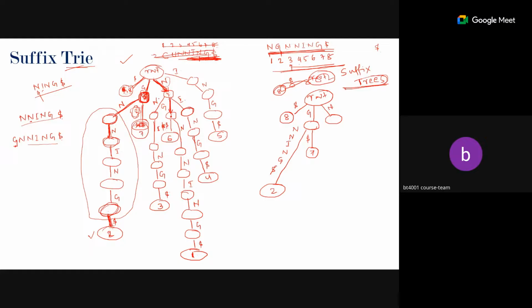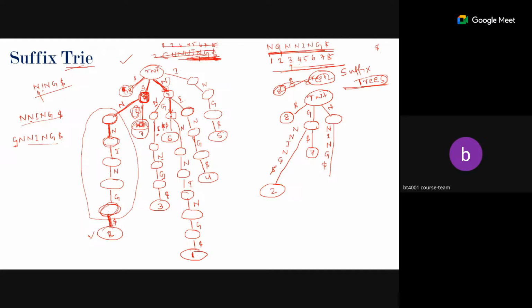So we will have one single long edge representing the characters: N, then I along the path, then N, then the character G, and finally we add the dollar.